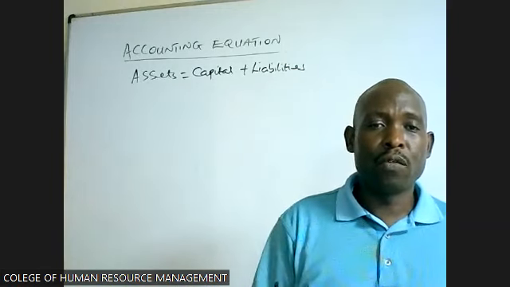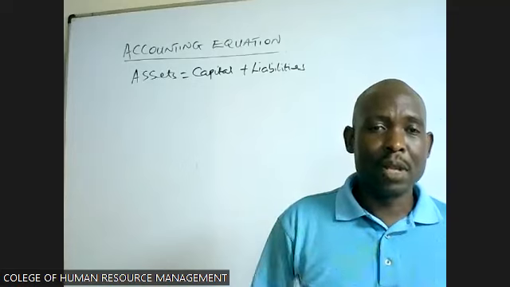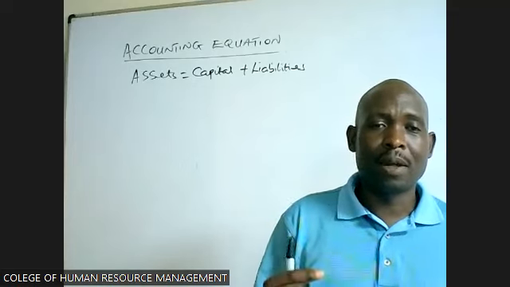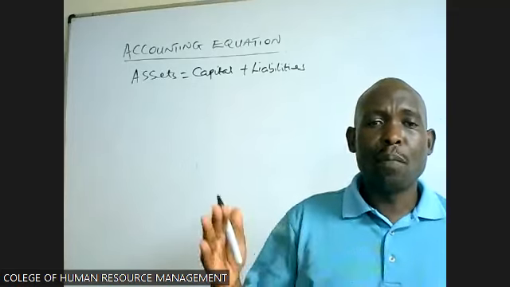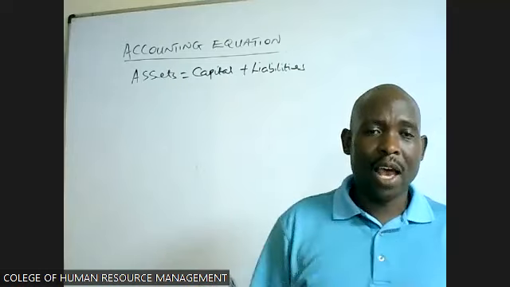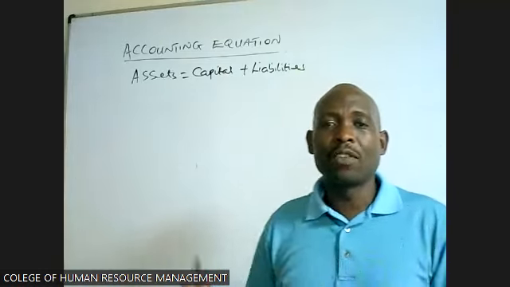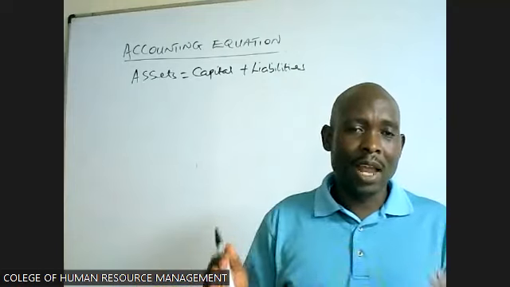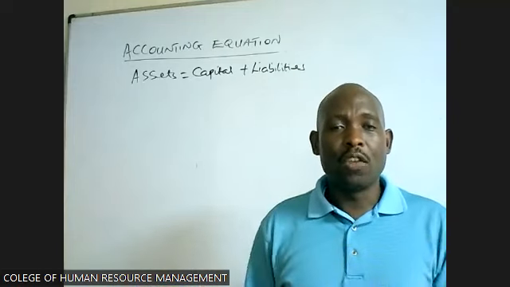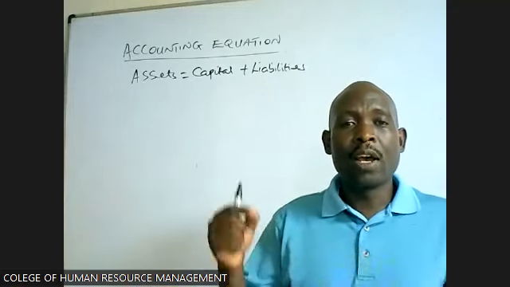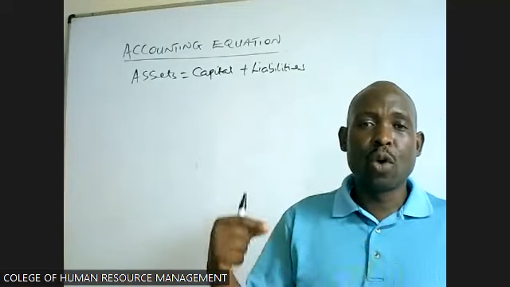You can borrow a loan from the bank, and that loan is a liability because you need to pay it back at a later date. So all those obligations that the business has towards the outsiders, we normally refer to as liabilities. The capital is the resources that the owner or the owners have contributed towards the business.